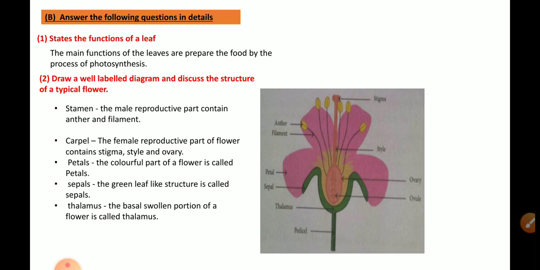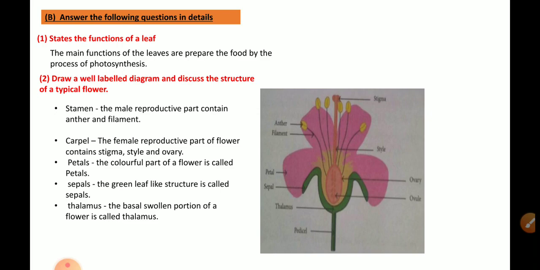Sepals means the green leaf-like structure. Then thalamus is the basal swollen portion of a flower. You can see the picture here and the parts described on the left of this picture. This is all about question number 2.